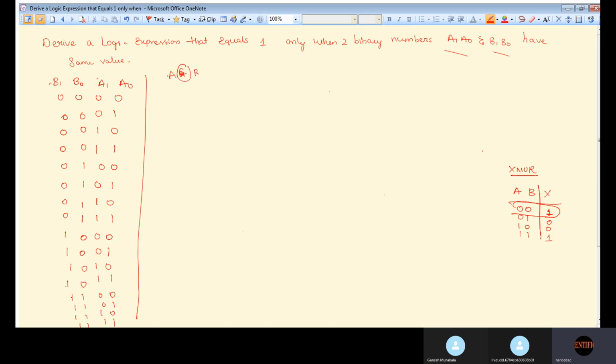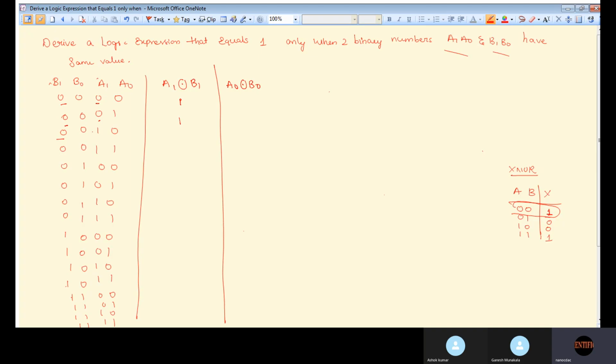Depending upon this condition, we have to take the XNOR gate: A1 XNOR B1, and here A0 XNOR B0. So we will compare A1 and B1 at each place. What is the output you are getting? Where A1 equals B1, 1.